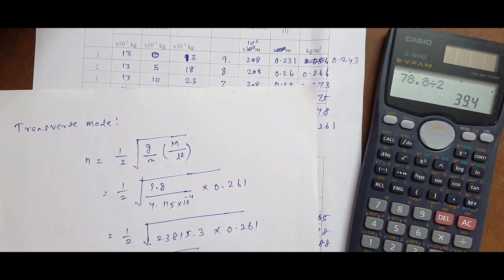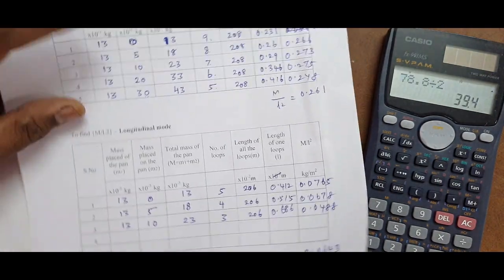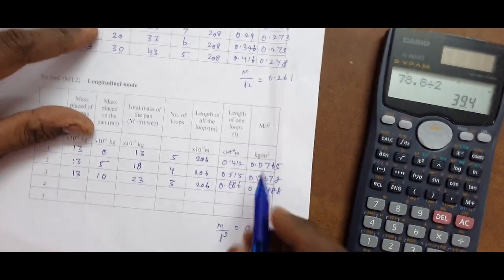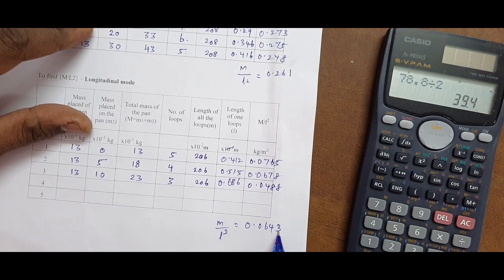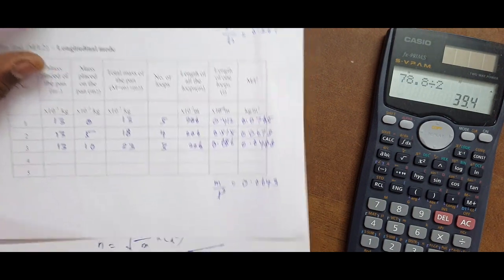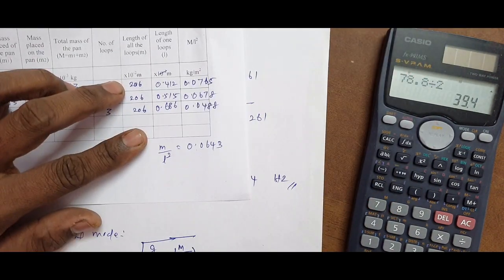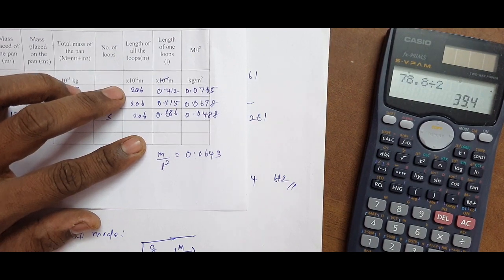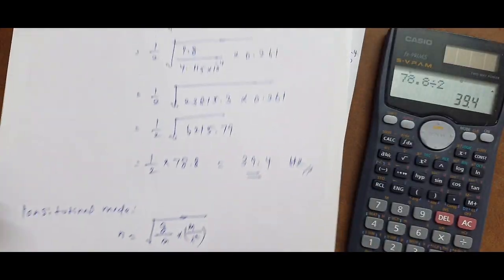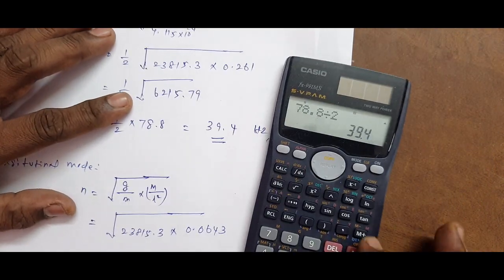The longitudinal mode m by L square value is already known: 0.0643. The m by L square values.